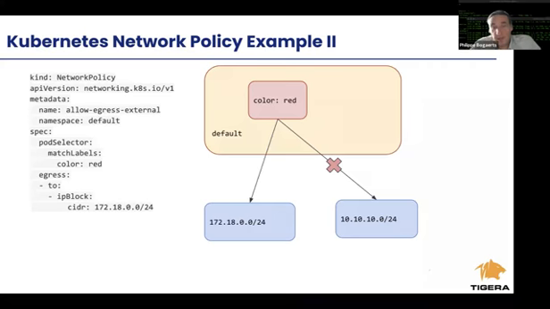It basically means that all the connections flowing into color red are still allowed. So if there is no ingress specification, there are no ingress rules, meaning that the default behavior is allow all. If I had mentioned here ingress colon with nothing behind it, everything would have been blocked.